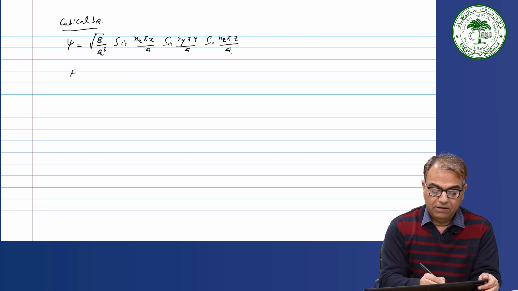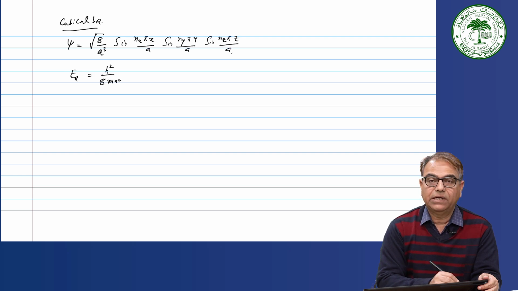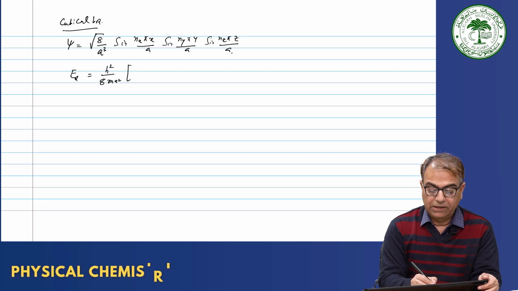So same way for energy we can write as, now h square divided by 8ma square I can take as common, and then it will be nx square plus ny square plus nz square.